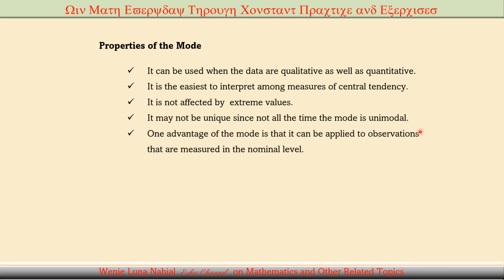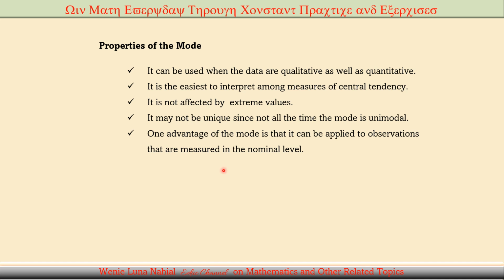One advantage of the mode is that it can be applied to observations that are measured in the nominal level. Just like, for example, the illustrations we use in this learning material about the choosing of favorite colors. That's nominal data.